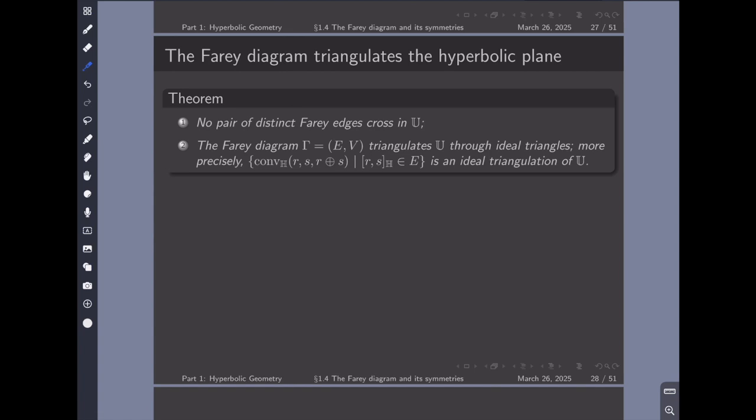They may be tangent, and the point of tangency can be a real number. This can happen, but they do not cross in U, in the upper half plane. So in other words, two different Farey edges may have common points, but only in R bar, not in U.